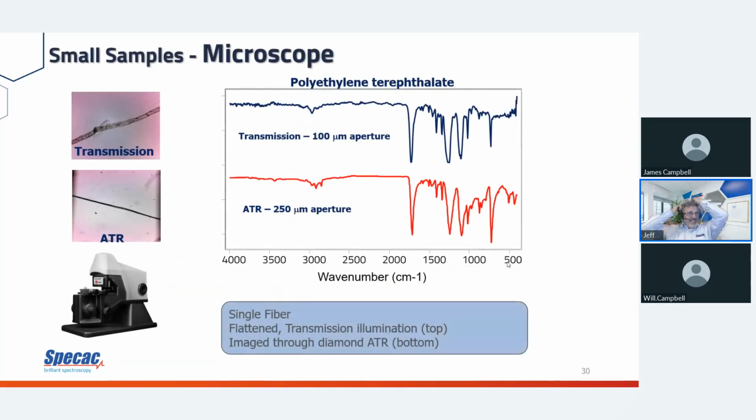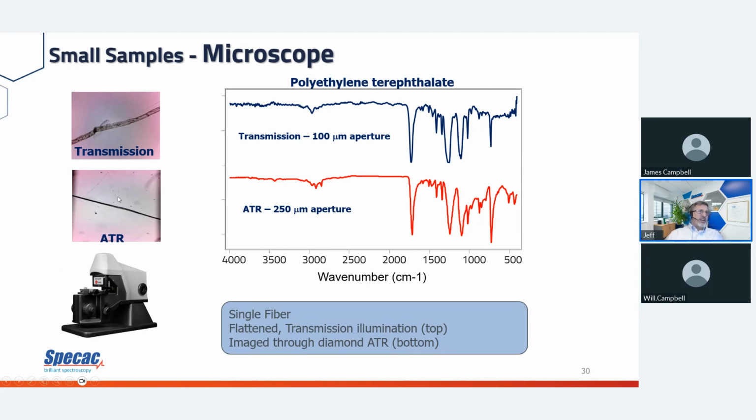Now, switching to those small samples we talked about earlier, we have polyethylene terephthalate ester. And this is in a fiber. We were looking at the fiber in two different ways, one by transmission and one by ATR. You can see that they are very, very closely matched. So how do we do the transmission?